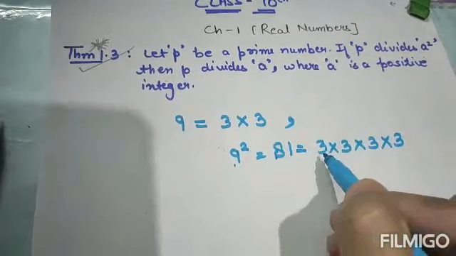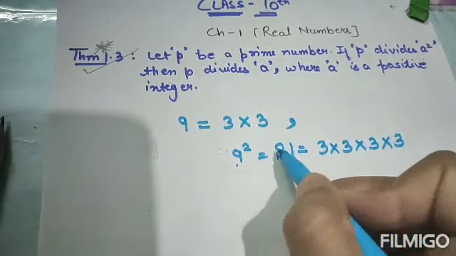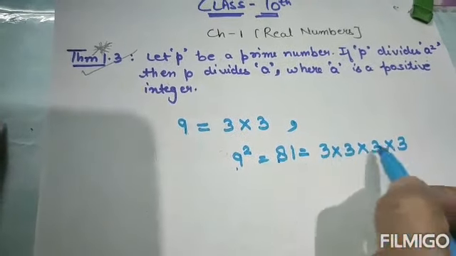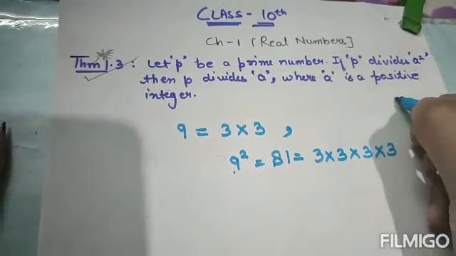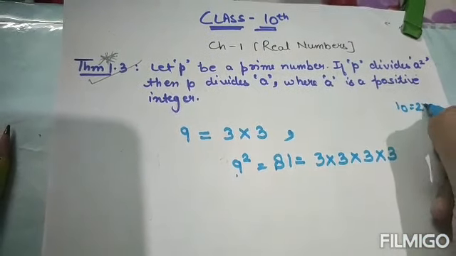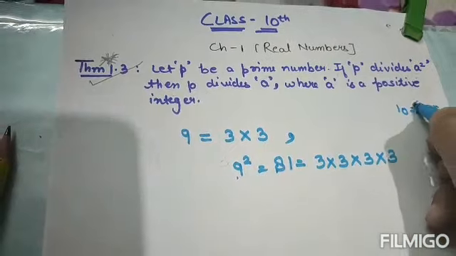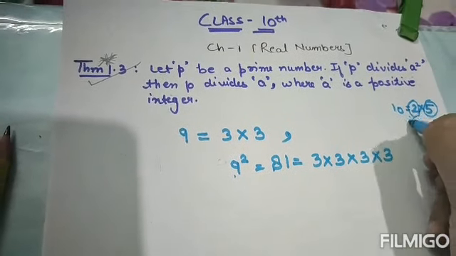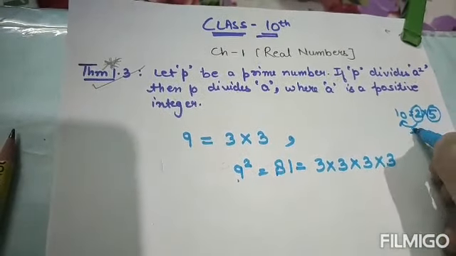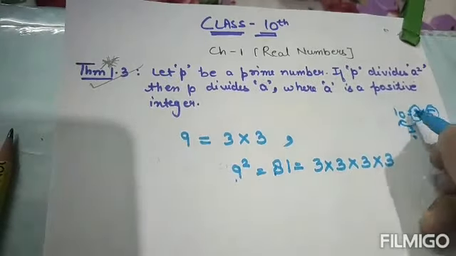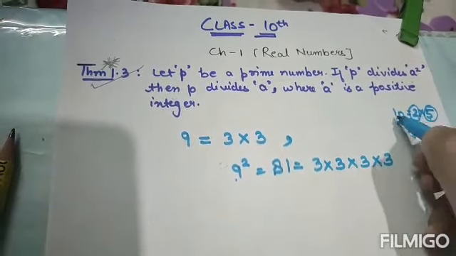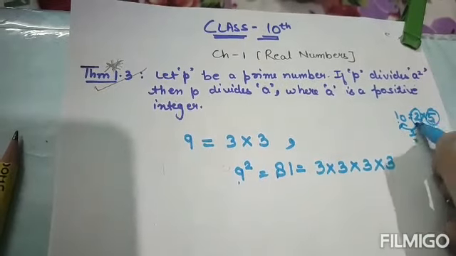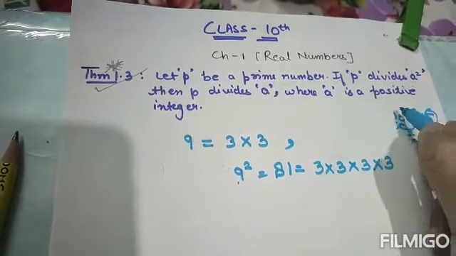Look here now. When we write a number as a product, if I write 10 equal to 2 multiply 5, that means these two numbers will divide 10. Look here, 2 five times is 10, or 5 two times is 10. So these two factors will also divide that whole number.